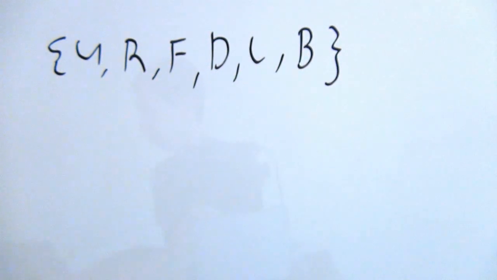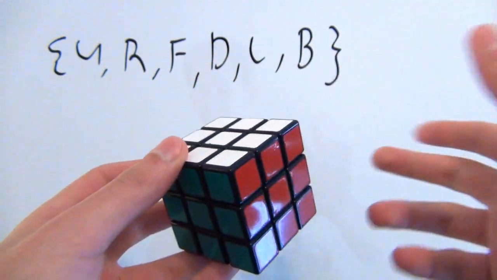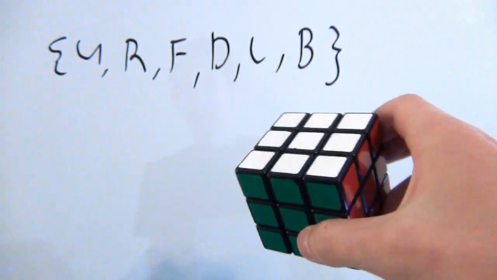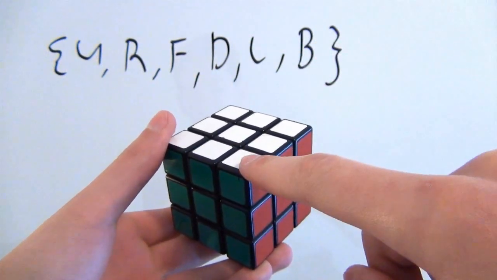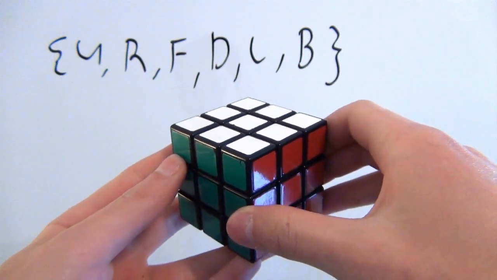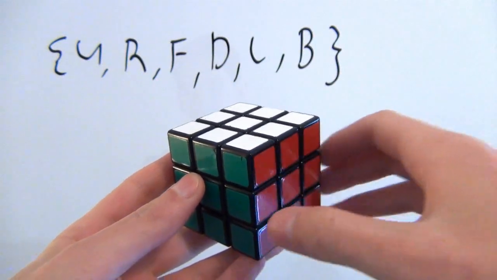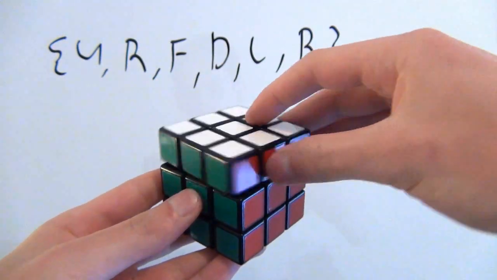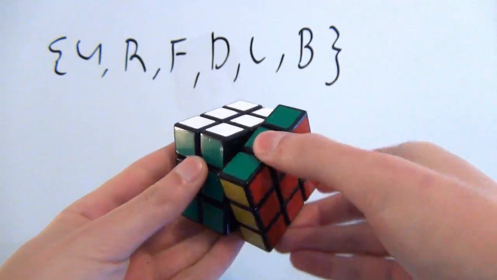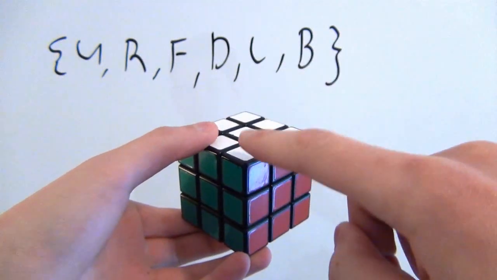So what we can do is now use these to help us look at certain pieces on the cube. So let's just start with an example of looking at this corner piece right here. We can think about what moves will affect this piece. Well, just by looking at the puzzle, we can see that U, R, and F all affect this corner piece.